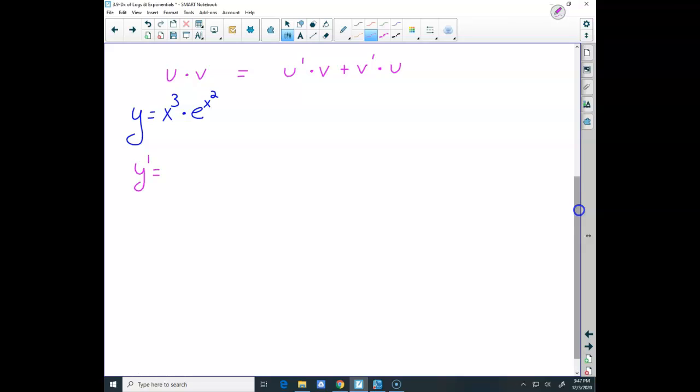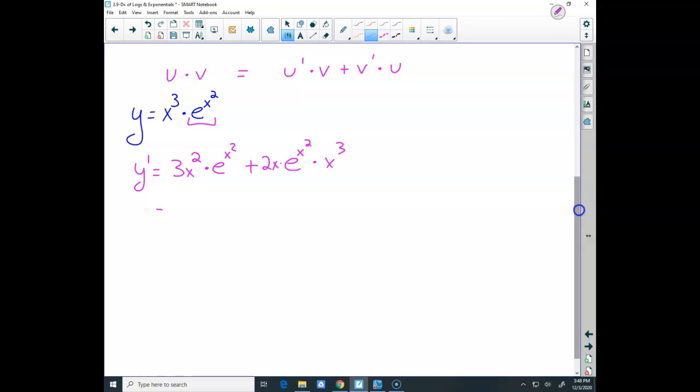So y prime equals, well, the derivative of x cubed is 3x squared times e to the x squared, times my second term, plus the derivative of my second term, which is e to the x squared times the derivative of its exponent times x cubed.